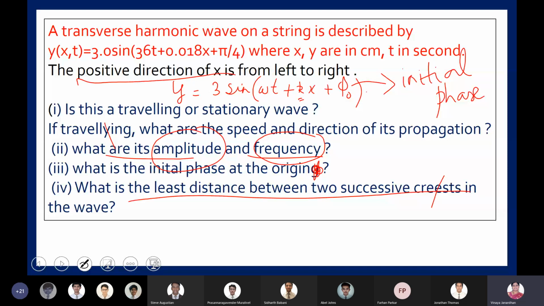Because if kx is positive, then the wave will move in negative x direction. If the value of kx is negative, the wave will move in positive x-axis. Keep that in mind and find. Ma'am, so here it's negative, right? Okay, ma'am. Now just calculate.